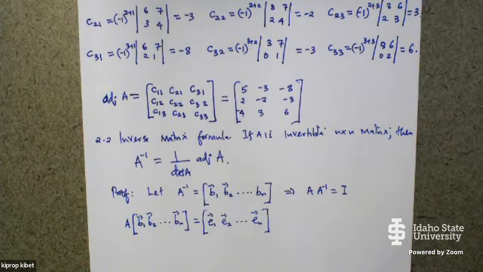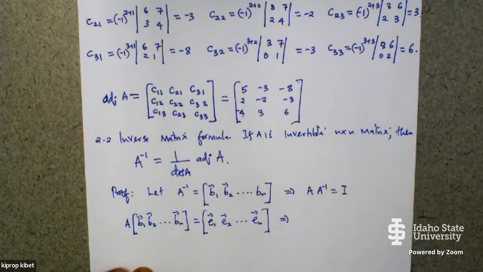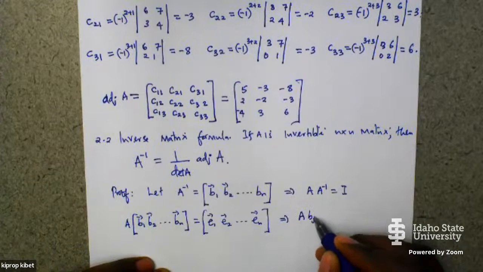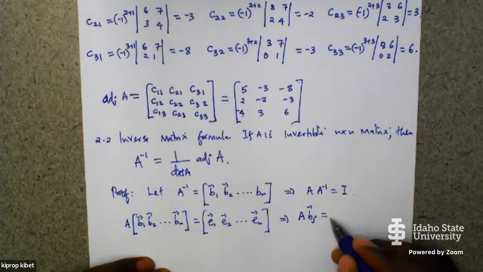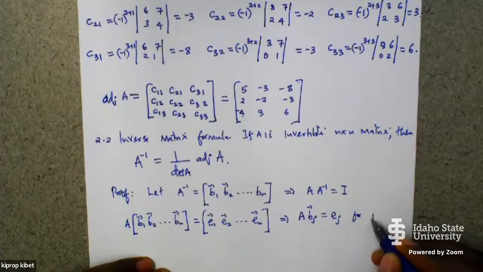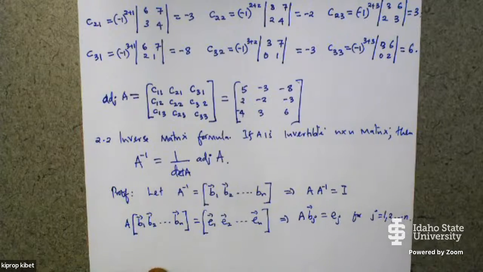Then, using Cramer's rule, A Bj is equal to Ej, where j is equal to 1, 2, up to n.